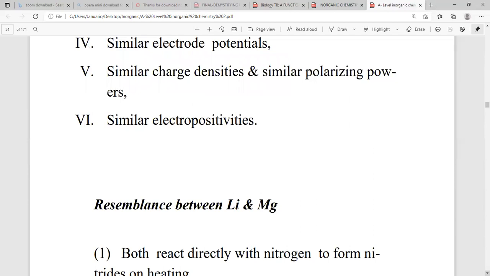We are relating the electropositivity with metallic character. So if an element has a high electropositivity, then that element is strongly metallic. When you go to the periodic table, as you go down the group, electropositivity increases, which means metallic character increases down the group.